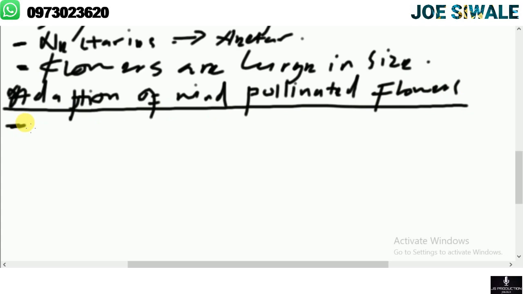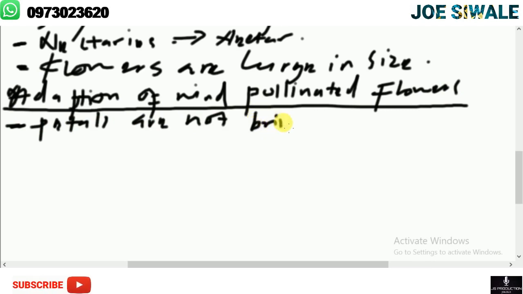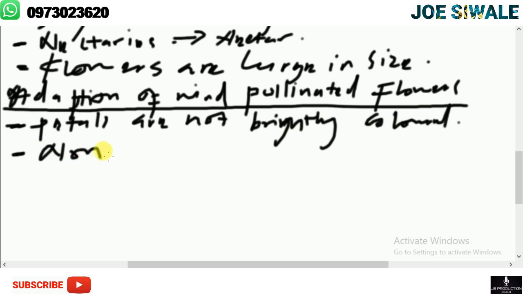So here the petals are not brightly colored. Then these types of flowers are not scented.